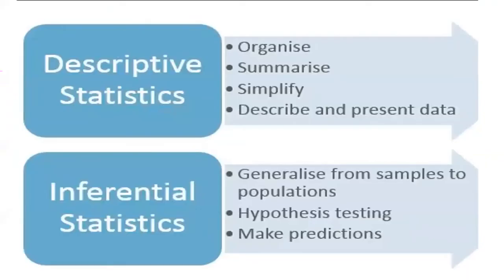Now we have two types of statistics. One is descriptive statistics and one is inferential statistics. Descriptive means you are just describing things, and in inference you are finding out the conclusion. Descriptive statistics involves organizing, summarizing, simplifying, and presenting the data. But in inferential statistics, there will be generalization from the samples to the population.